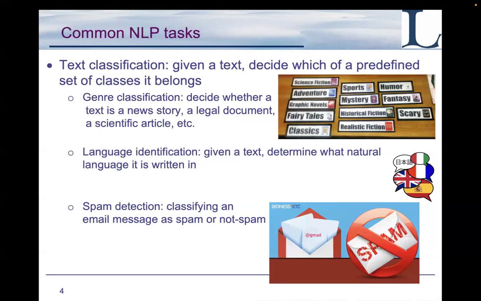The tasks that we will consider in this course are amongst common tasks in natural language processing. For example, to classify the genre of a text: comedy, drama, news, etc. Another task would be to identify language: given a text, determine in what natural language it is written.